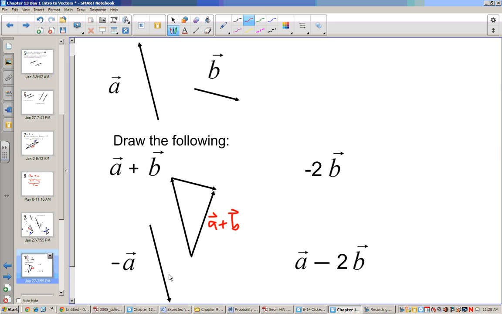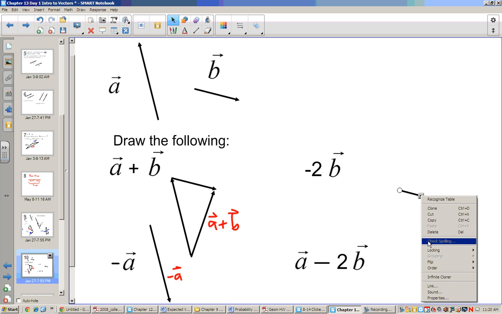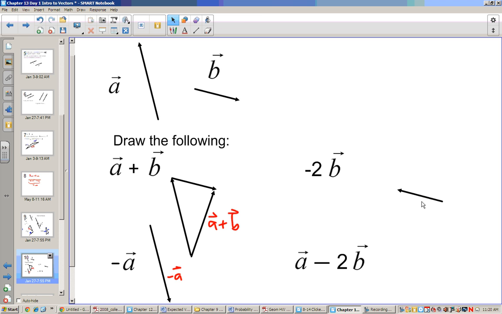And that's my negative A. Negative 2B, I'll just start here and go in the opposite direction. And I'll have 2 of those. So I'll put this at the end. And now that's negative 2B.